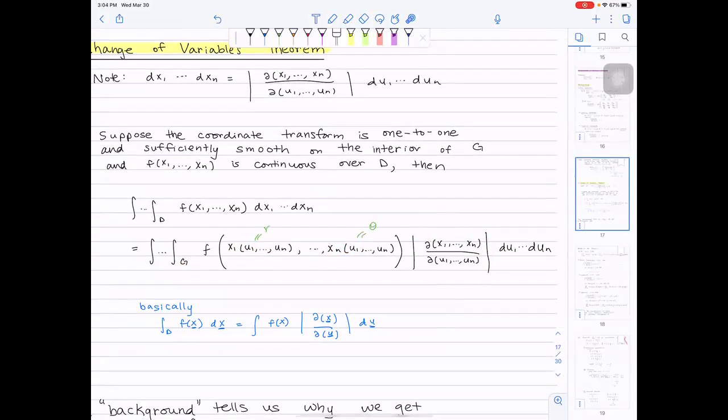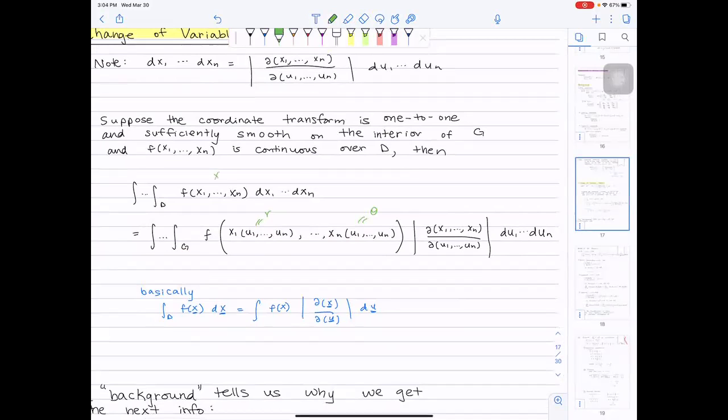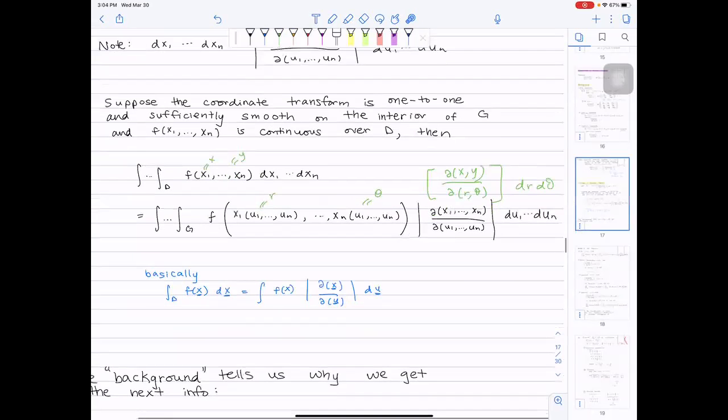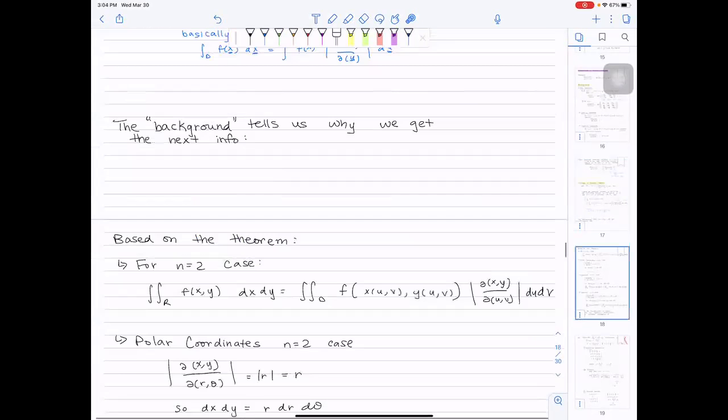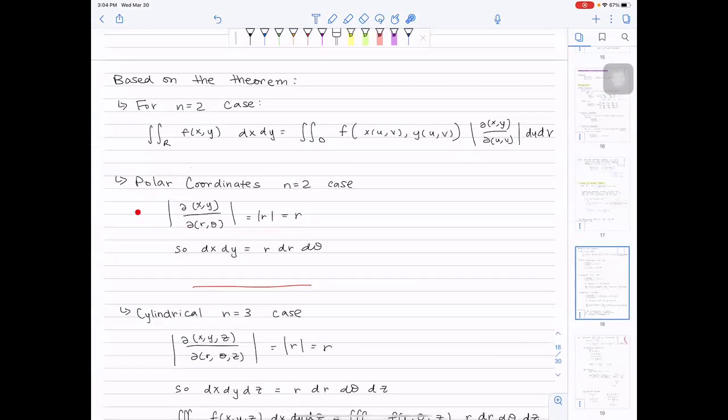You take the Jacobian matrix, or the determinant of the derivative matrix, and you write dr d theta. So this is just your general formula. Applying that to polar coordinates, we see that the Jacobian determinant is r. We saw that, and so the change of variables theorem tells us that we can rewrite dx dy as r dr d theta.